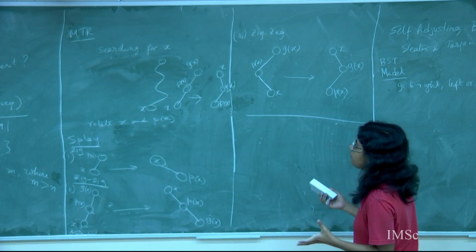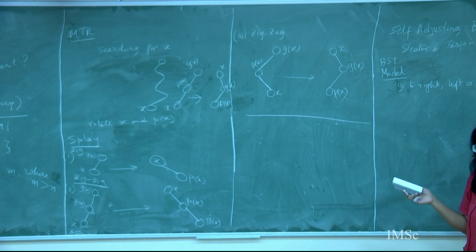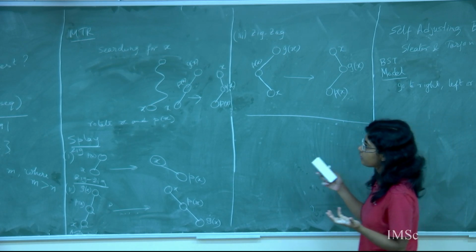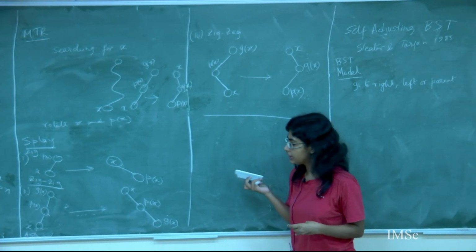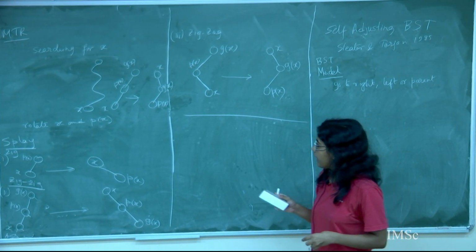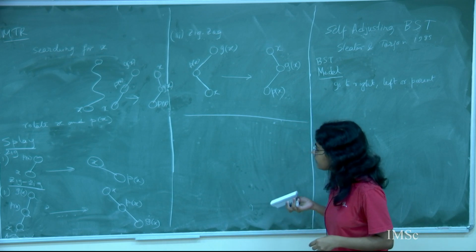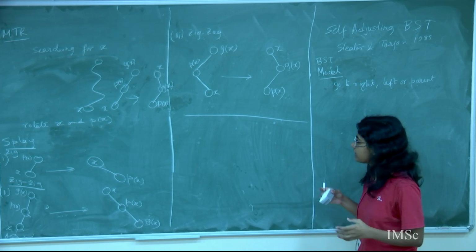So far what I have told you is just a heuristic, and we are hoping that this will give us a better amortized time, and we will do the analysis via potential function, and we will see it indeed gives us a better amortized time. And the computation may look a bit magical, so we will see.